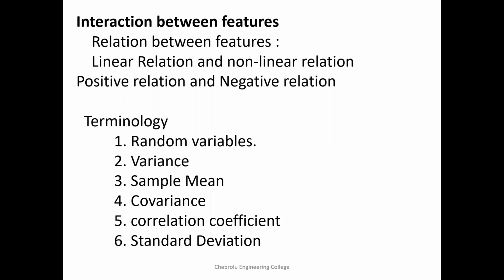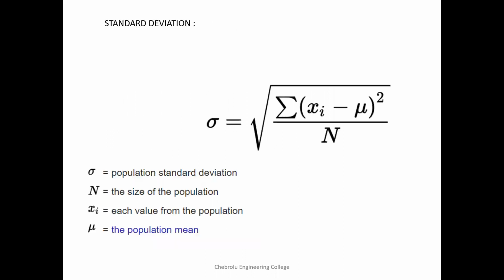What is variance? What is sample mean? What is covariance, correlation coefficient, standard deviation? We will talk about all these parameters of statistics. Now, what is standard deviation? Standard deviation is calculated very easily.